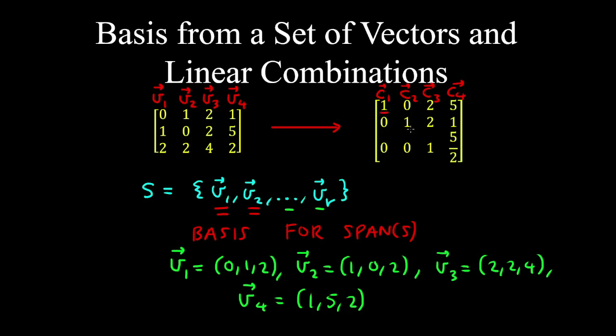And we'll look for the rows with leading ones, which occur in columns 1, 2, and 3.